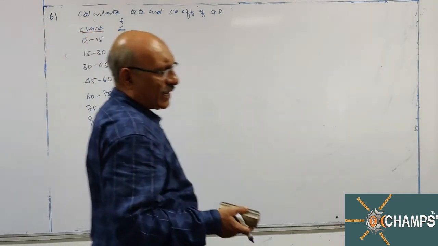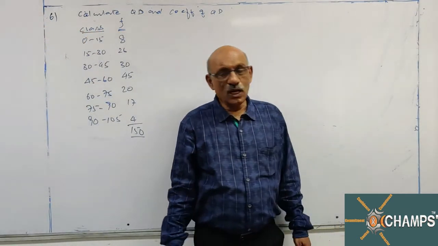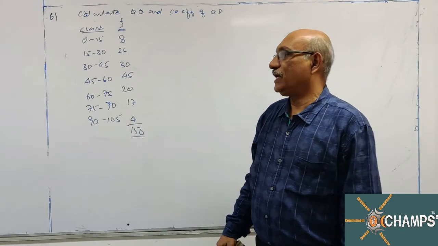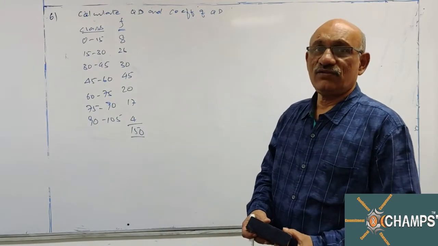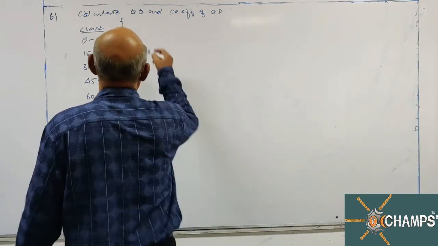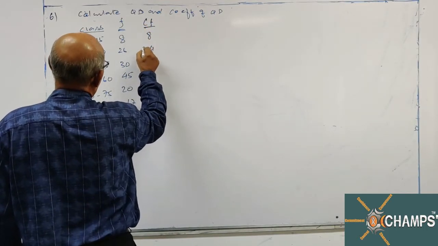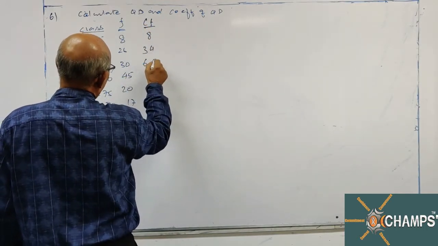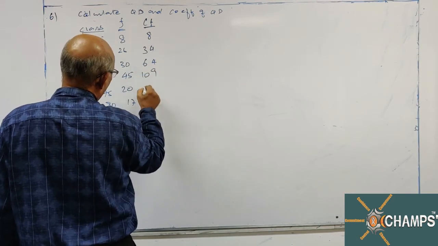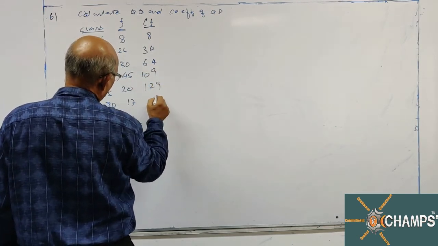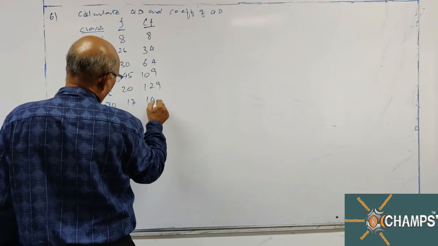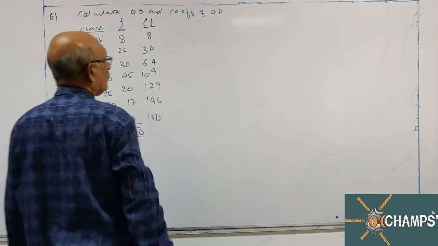So again, for calculation of QD and coefficient of QD, we need less than cumulative frequency. So cumulative frequency: 8, 34, 64, 109, 129, 146, 150.